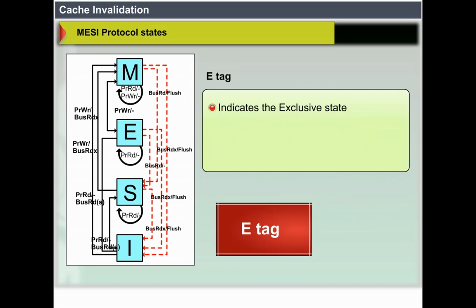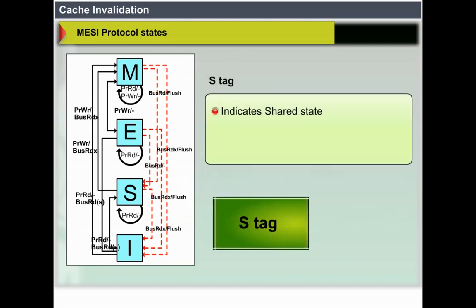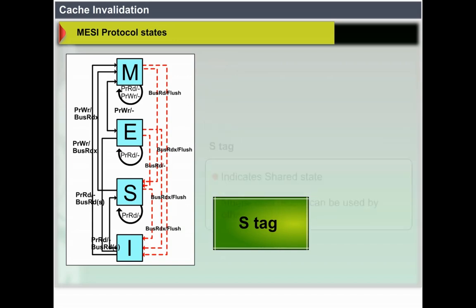E tag indicates the exclusive state. Means data record is for internal use, cannot be used by any other device or server. S tag indicates shared state. Means data record can be used by others.